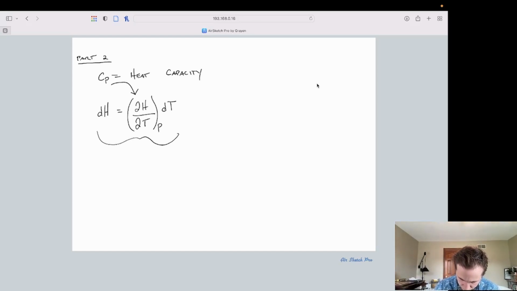Now, if we were to just have a small range of temperatures, meaning a small change in enthalpy and a small change in temperature, then our heat capacity is going to be constant, right? Because if the temperature is not varying all that much, it can be considered just a constant.